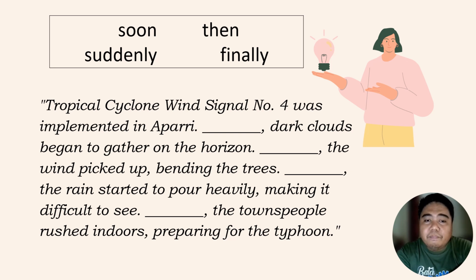Blank, the wind picked up, bending the trees. Blank, the rain started to pour heavily, making it difficult to see. Blank, the townspeople rushed indoors, preparing for the typhoon. I will give you 30 seconds to think of your answer in this simple passage about a typhoon.